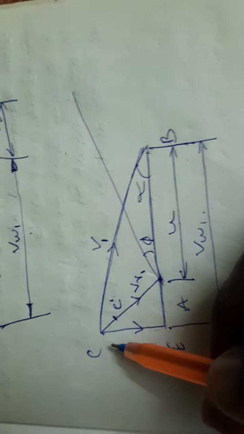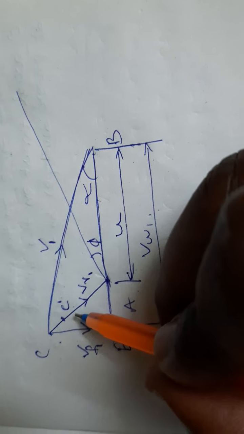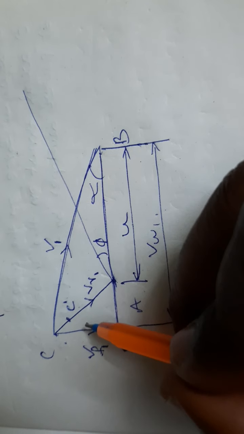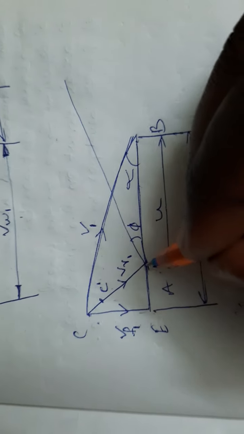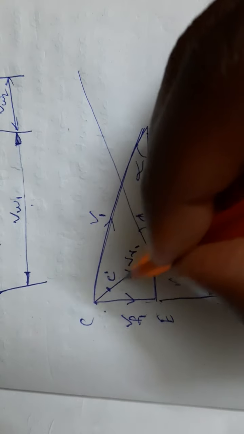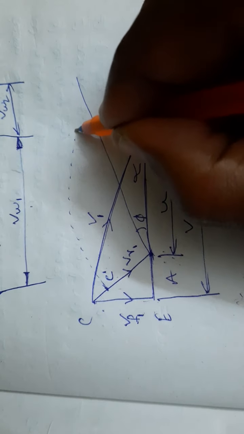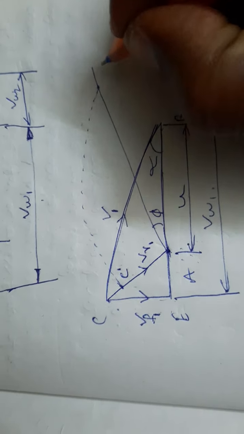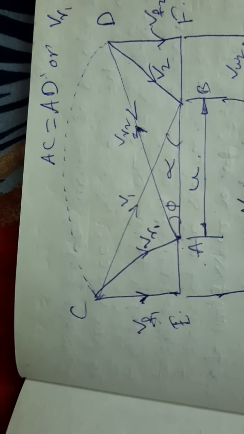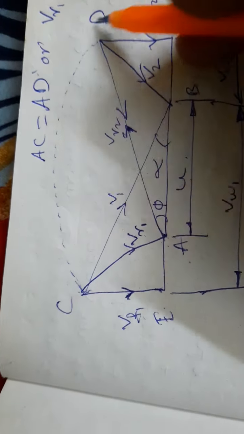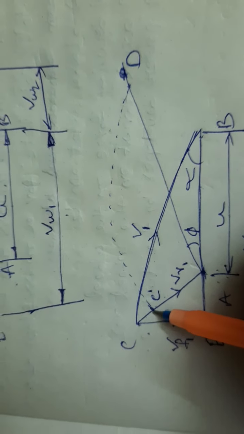In this figure, C dash distance is the loss of velocity due to friction. So here AC dash is equal to AD. Now with A as a center, from AC radius, draw an arc. Now it is D. Here we would draw the arc with AC radius, but here AC dash, because we are considering the frictional losses.